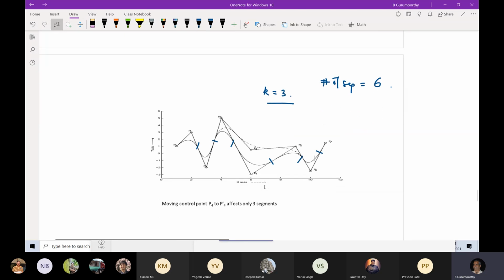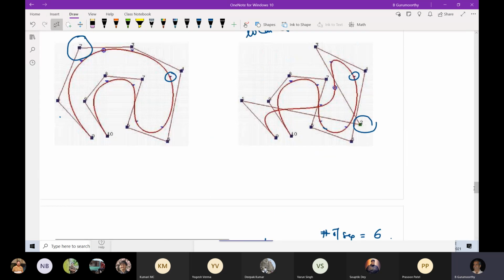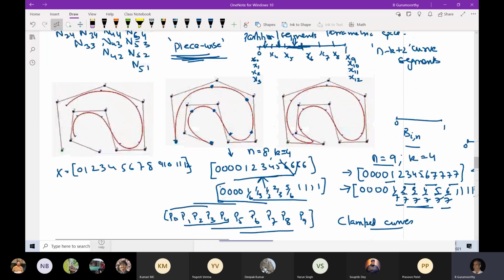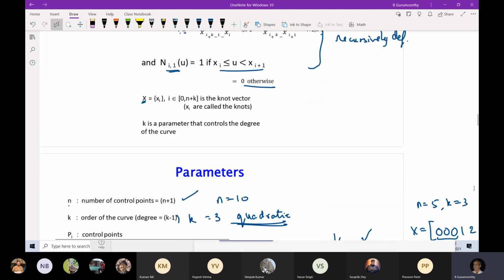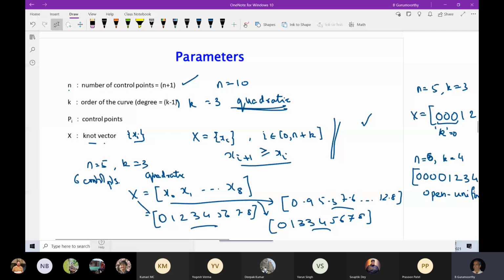And what I wanted to do was to look at one other question that we should have asked. Remember, we had shown these parameters that have to be defined here, for the B-spline curve.